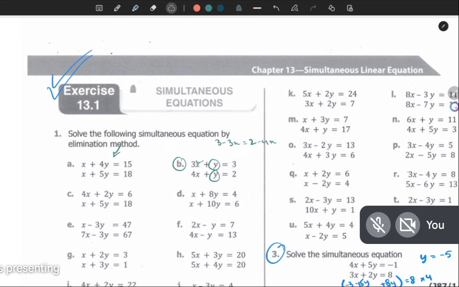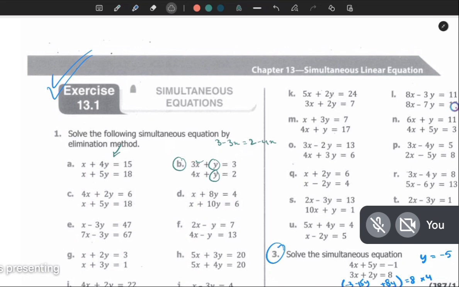Okay. Now what will you do? What's the next step from here? The value with the variable उसको एक side पर कर देना and without the variable उसको एक side पर.